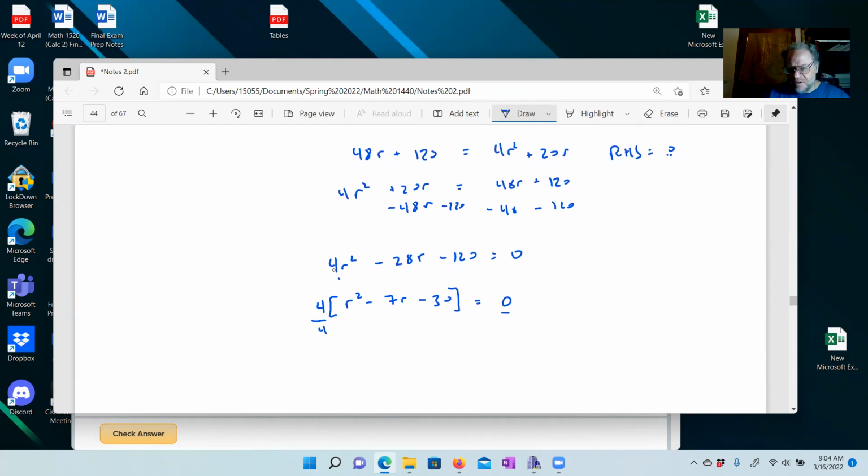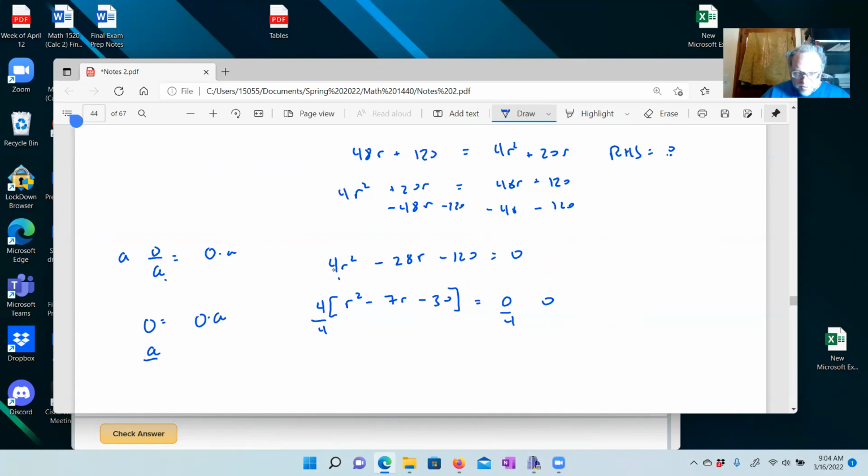Divide both sides by 4. So this is just 0 still. Remember, 0 over something other than 0 is 0. And if we undo the division, we say 0 would be 0 times what we had under here. And we're okay with that. 0 is equal to 0 times something. We're fine. If you do it the other way, and we do a over 0, pick what you want it to equal.